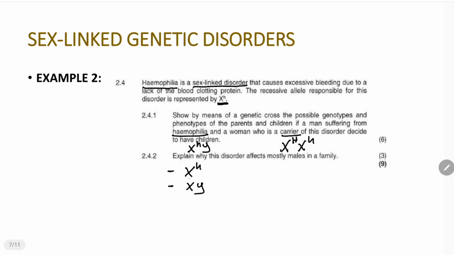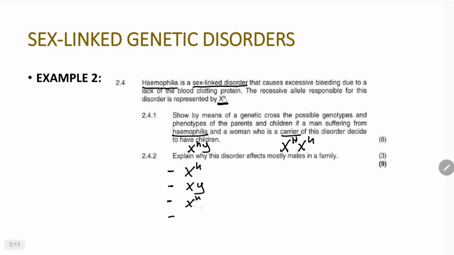So again, the way we answer this, we're going to say that the allele causing hemophilia is carried on the X chromosome. That has to be our first statement. Number two, we have to note that a male has got one X chromosome and one Y chromosome, right? Point number three, we're going to say that a male only needs one recessive allele, which is X small letter h, in order to suffer from hemophilia, right?